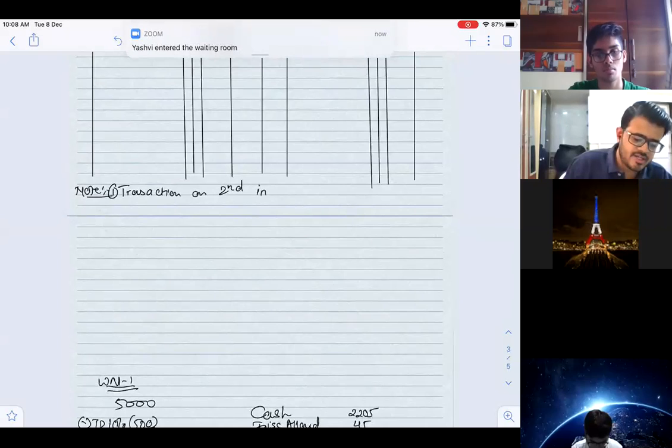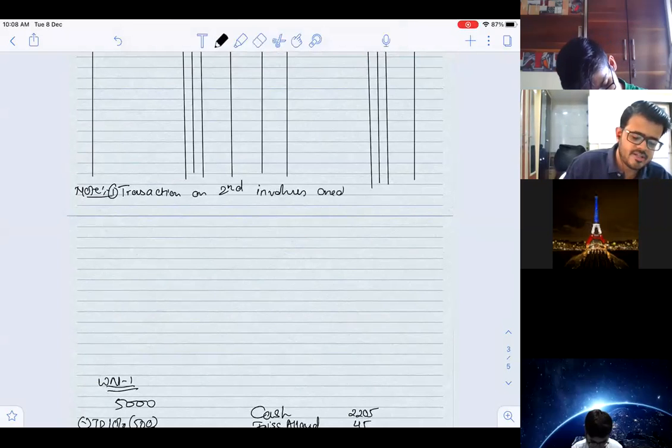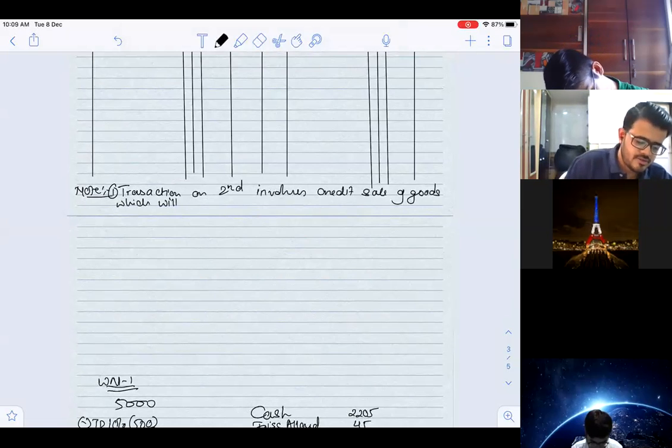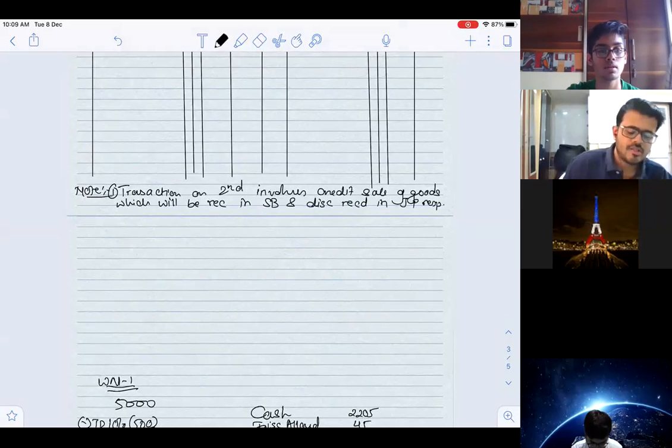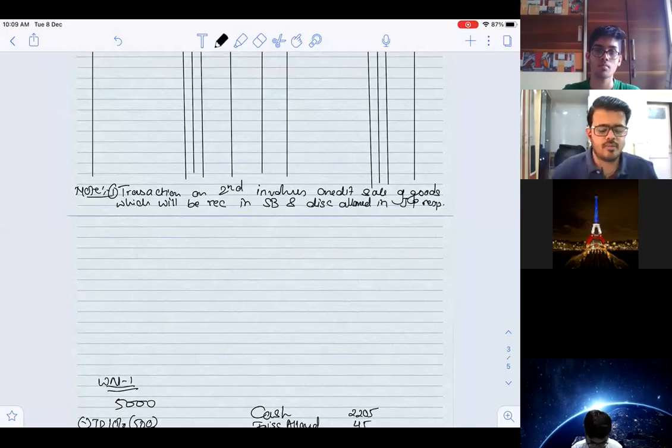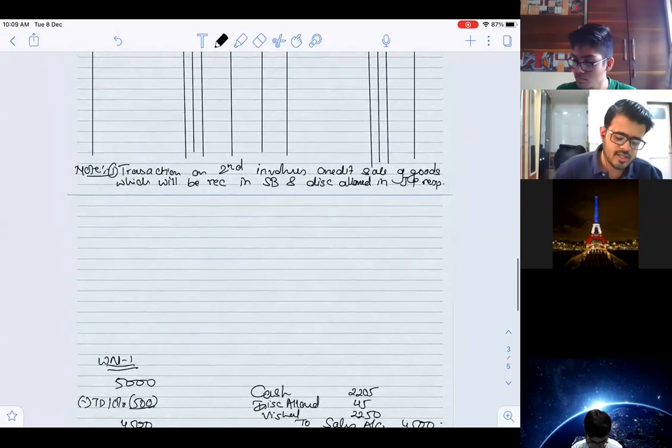The transaction on second involves credit sale of goods, which will be recorded in the sales book, and discount allowed in the journal proper. Credit sales will go in the sales book. Discount allowed, perfect, will go in the journal proper. Cash discount allowed, Vishal to sales.